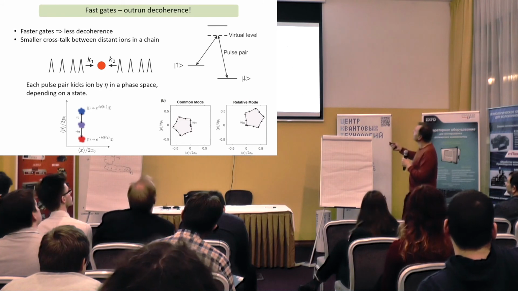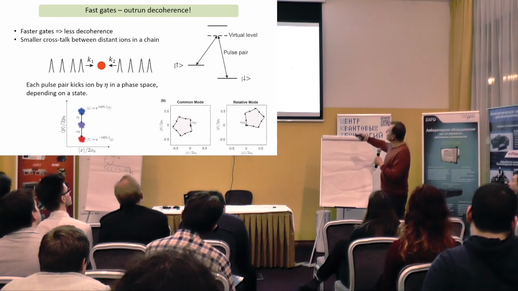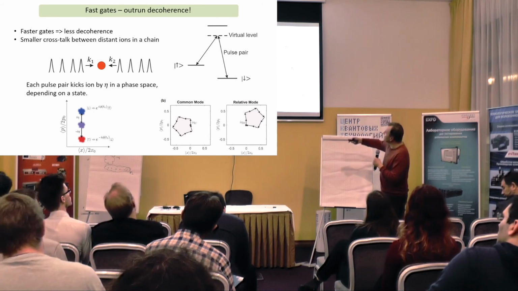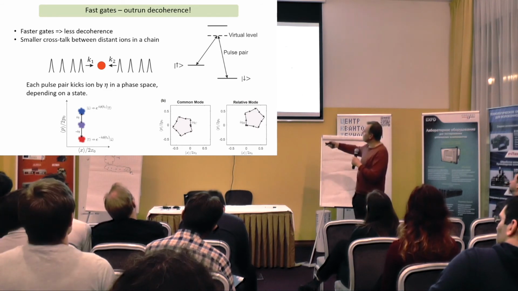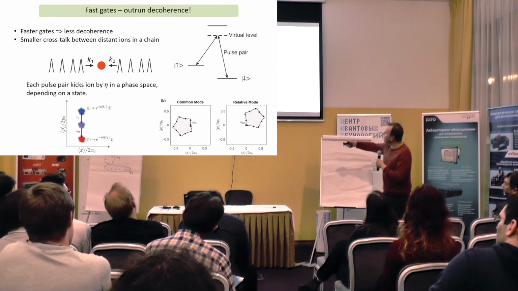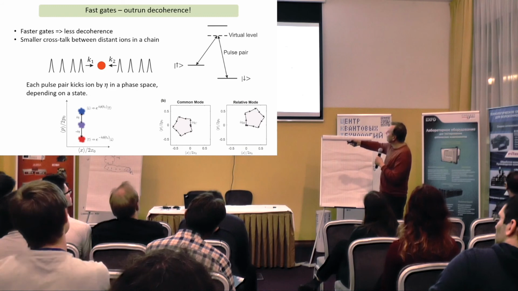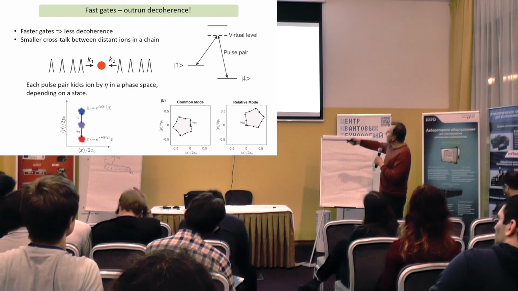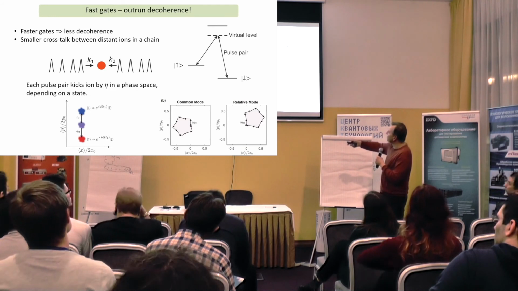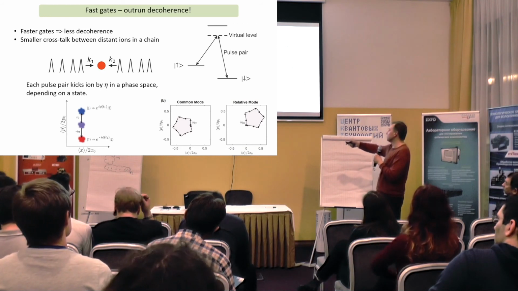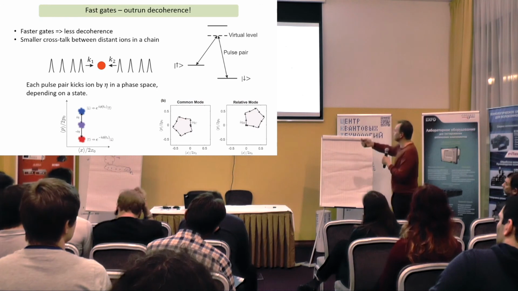So the idea is to again work with this additional phase which you can get in phase space. If you add some kick to the ion, typically you can add some energy without changing the coordinate, if you add some force.